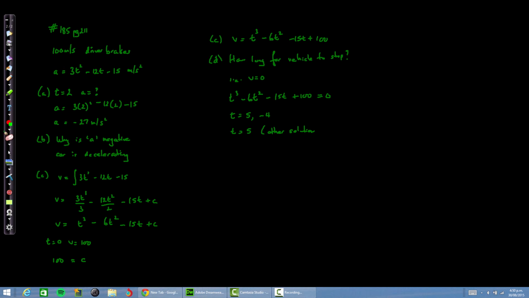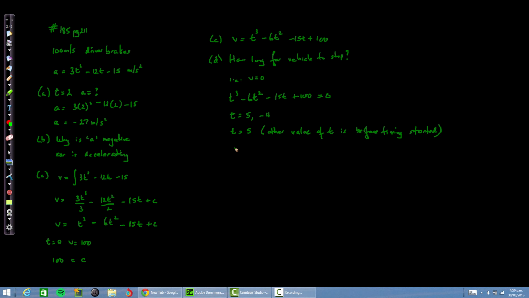In fact, it's not a solution, the other value of t, to make that clearer, therefore doesn't make sense in this context.